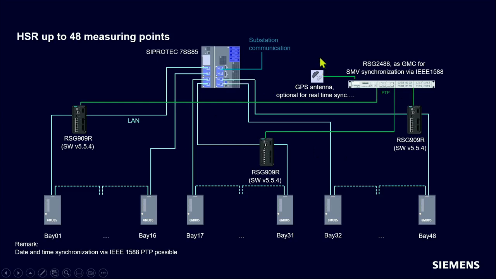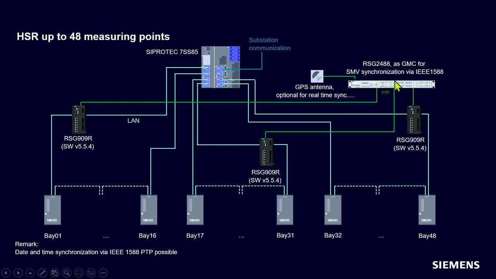And if the grandmaster clock is connected with a GPS antenna, we can do the sampled measured value synchronization, as already explained, for the distributed busbar protection. And we can use in the same way the date and time synchronization in all connected devices. It's a little bit more hardware effort.